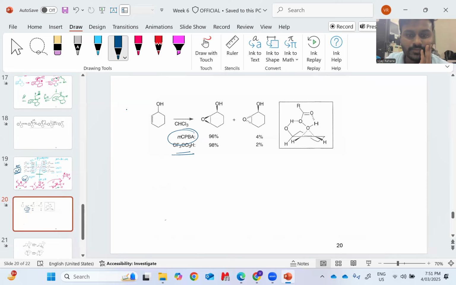In this case, when you use the alpha-hydroxy olefin, then we get selectively the syn product: the hydroxy group and the epoxide group will be on the syn side. In this case, you can see both are beta directing, right?